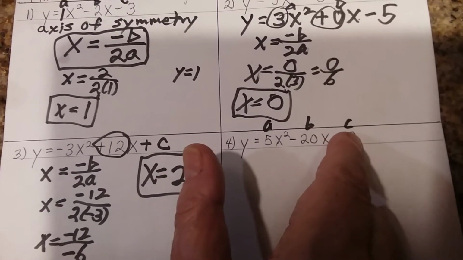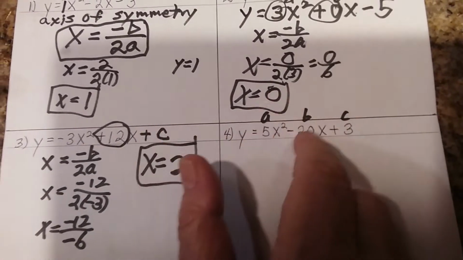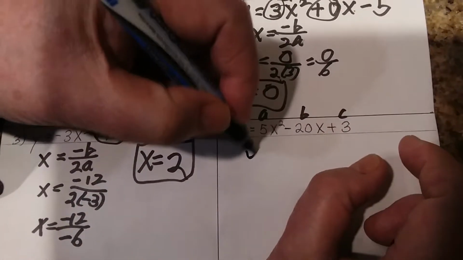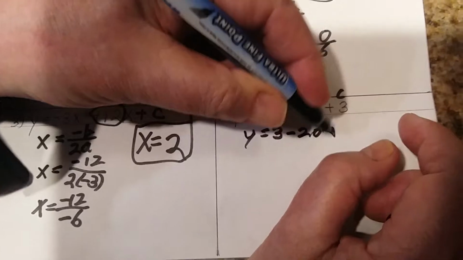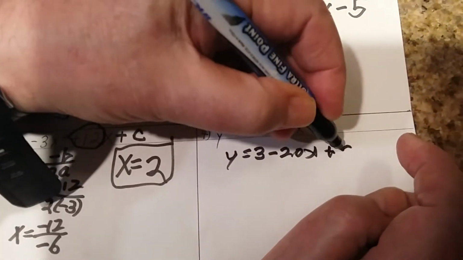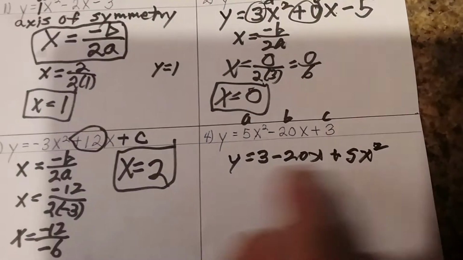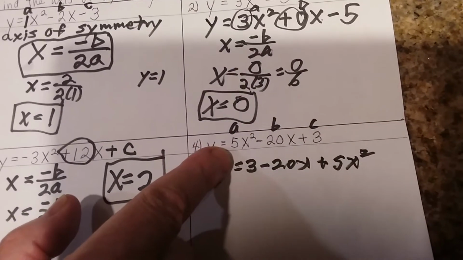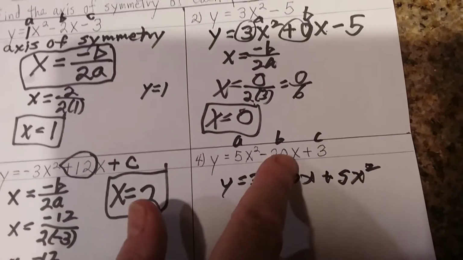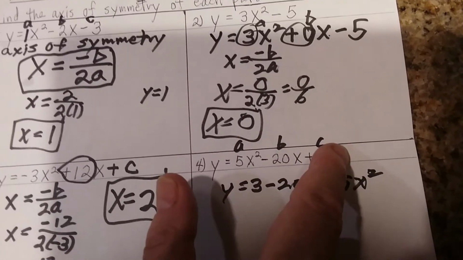It's possible in some problems that they switch it around. For example, if they wrote y equals 3 minus 20x plus 5x squared, it's backwards. The squared part is over here, so you'd rewrite it, put it in front. This is okay, it's in the middle, and then the number, plus 3.